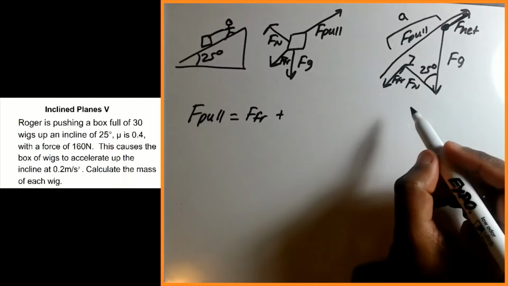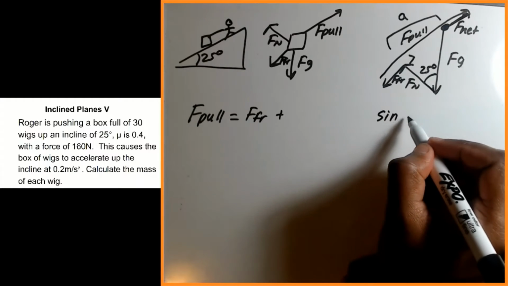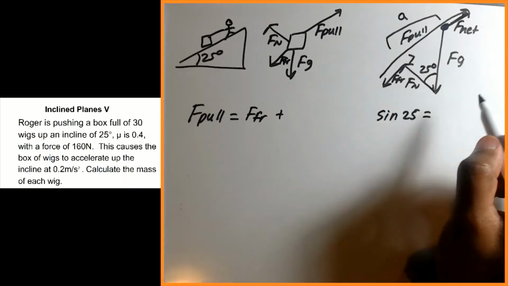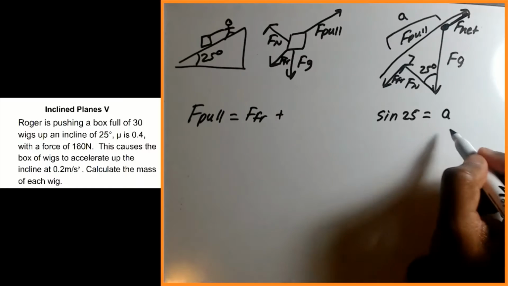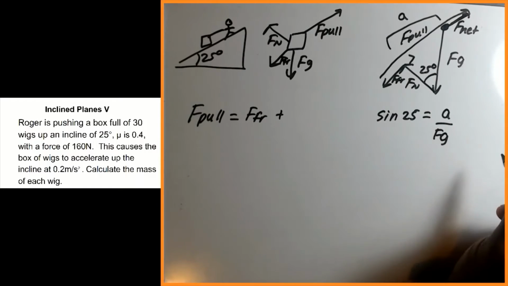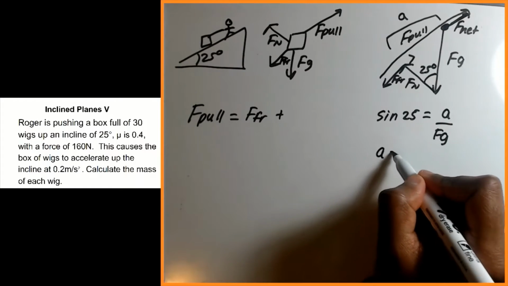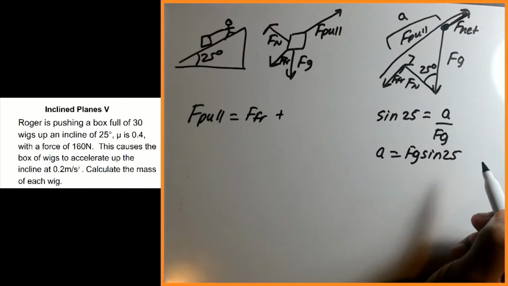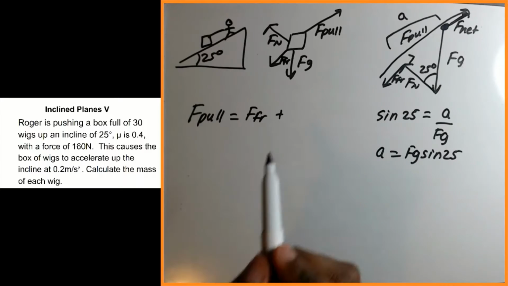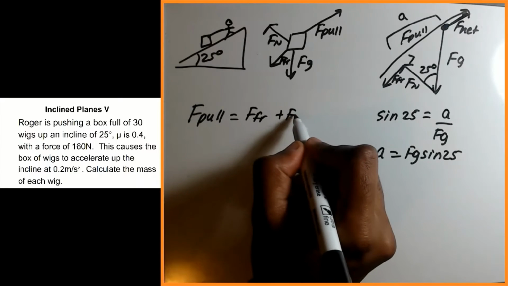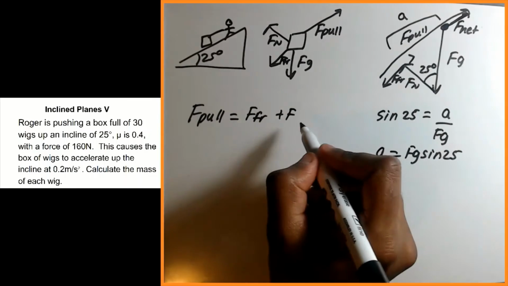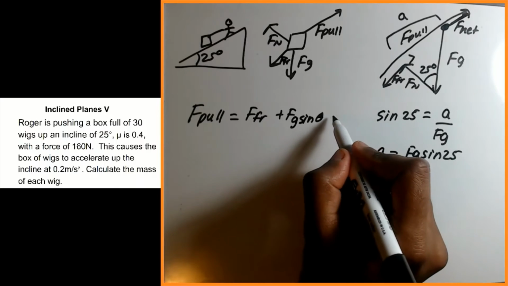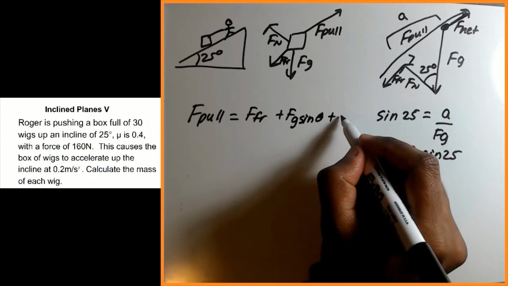So we can come up with this expression, which is sine of 25 is equal to the opposite, which we called A, all over Fg. So solving that, A is equal to Fg sine 25. So we can just grab this and put it over here. So it's going to be F friction plus this section, which is Fg sine theta, and plus F net over here.